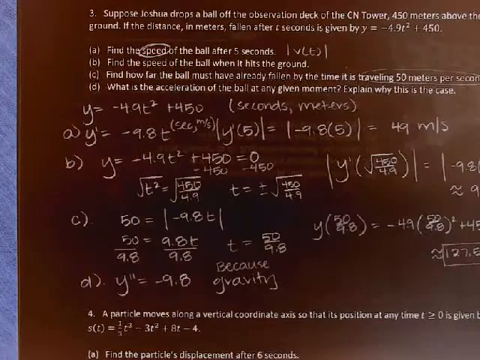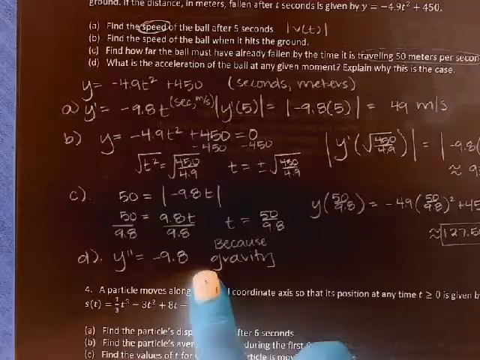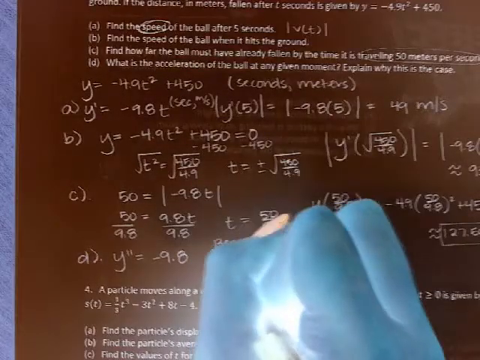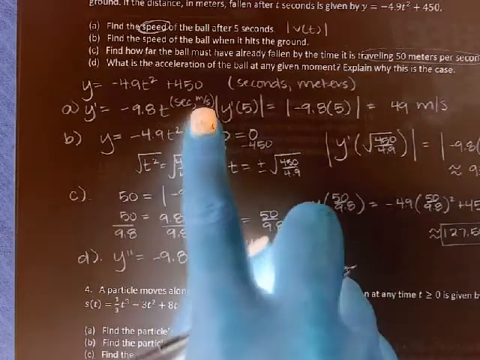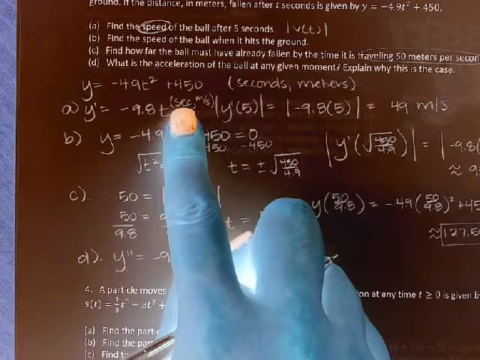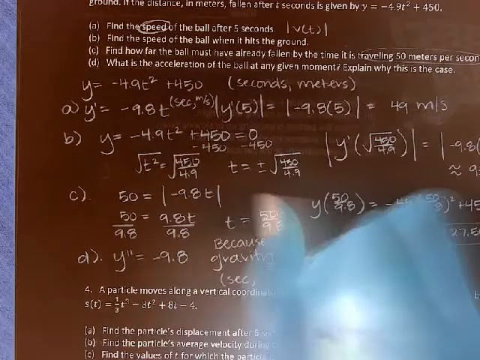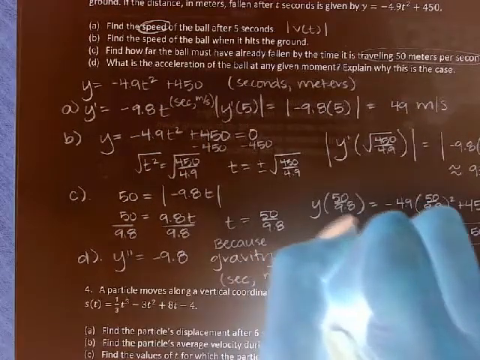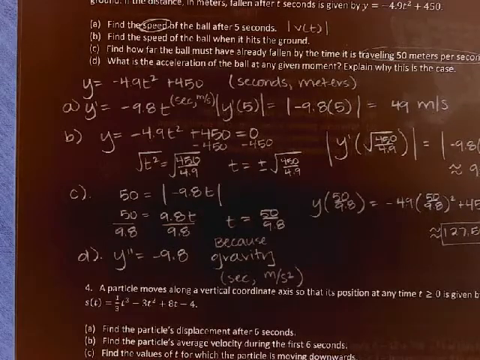For our second derivative, we have y divided by x, which would be meters per second squared. So gravity would be negative 9.8 meters per second squared.